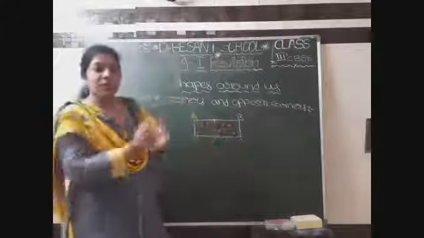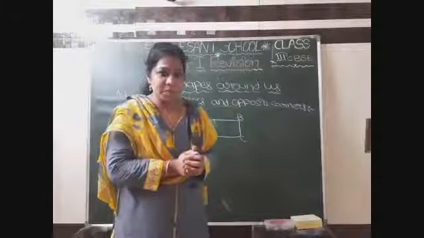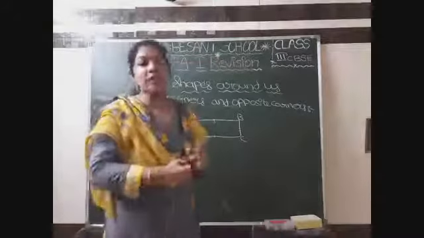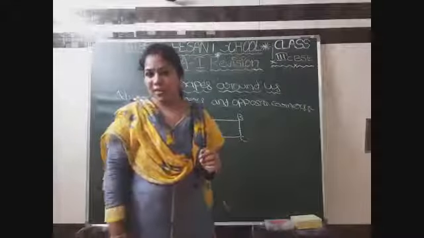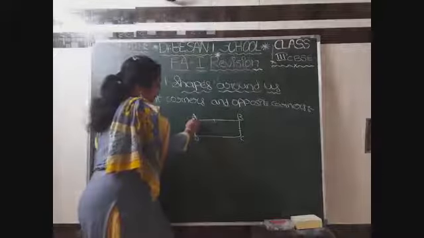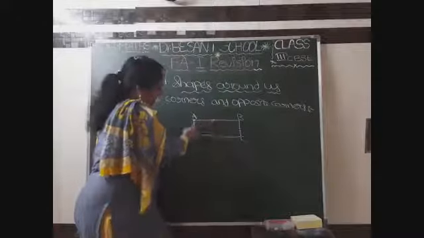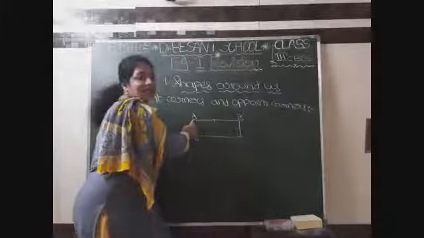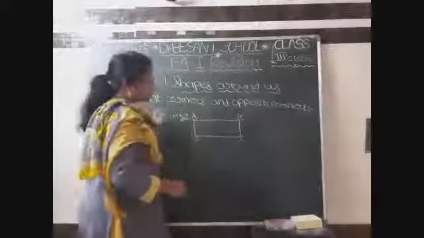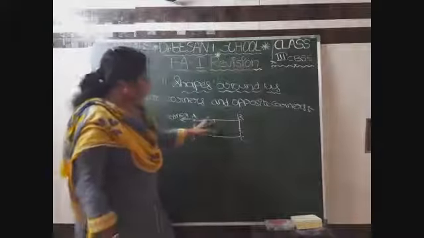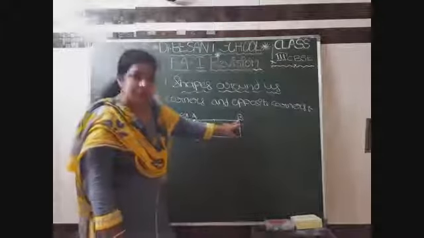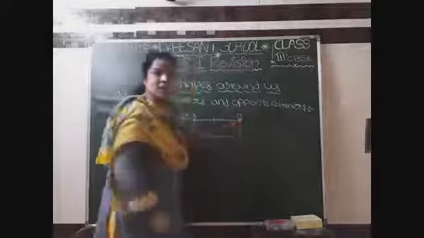Okay. Now what is a corner? Can you say, children, what is a corner? Yes, the point at which at least two sides are meeting is called a corner. Now coming to this rectangle, observe at A. Here the AB side and the AD side are meeting at A. That's why A is called a corner. The AB side and the BC side are meeting at B. That's why B is also a corner.